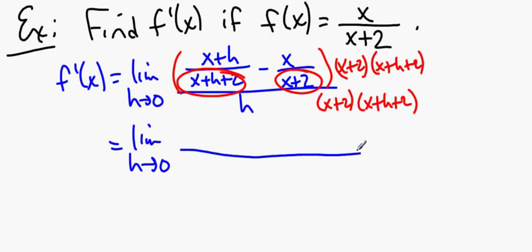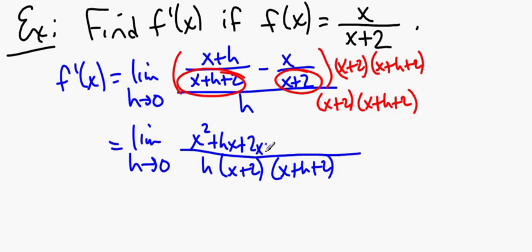We get a really long fraction whose denominator gets left in factored form, and whose numerator, well, that's interesting. This fraction times this common denominator, the x plus h plus 2's cancel out, and you get x plus h times x plus 2.